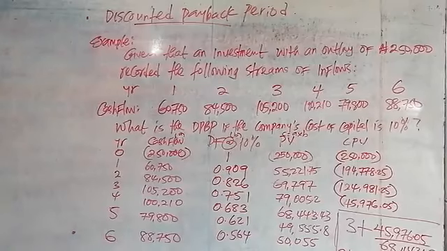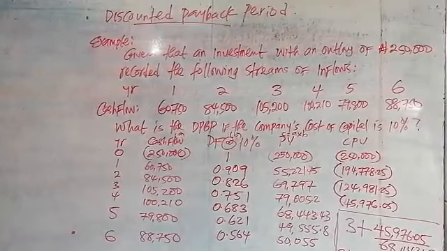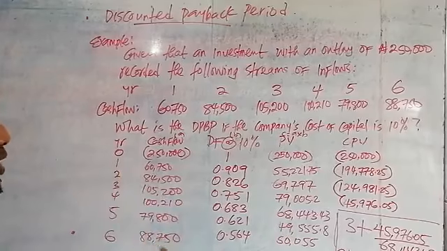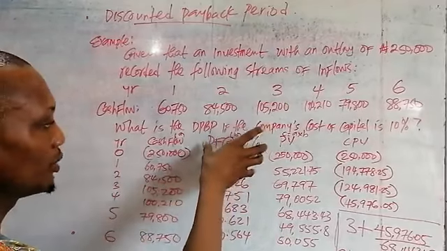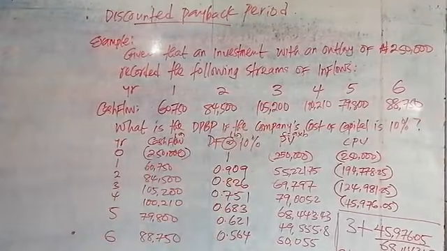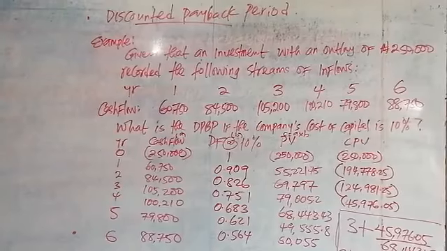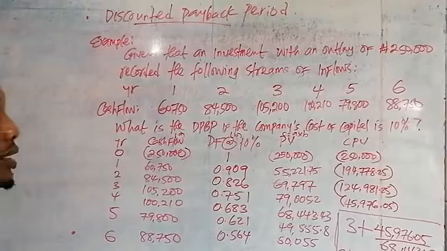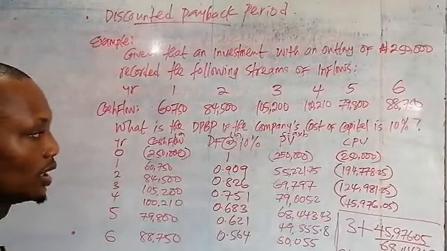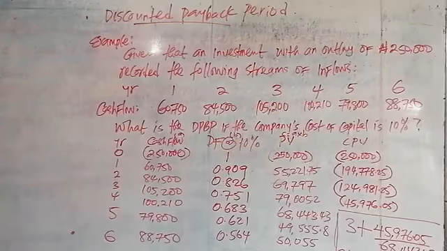So this is what is called the discounted payback period. As I said earlier, the difference between the discounted payback period and the payback period is that the discounted payback period takes into effect the timing effect of money, the time factor of money, before it computes the payback period.